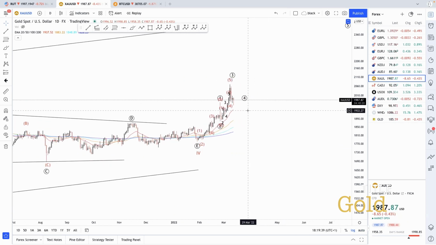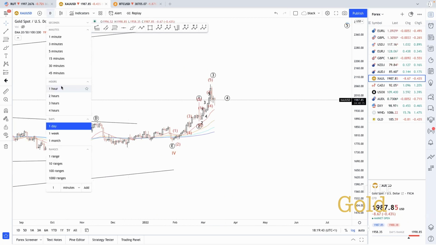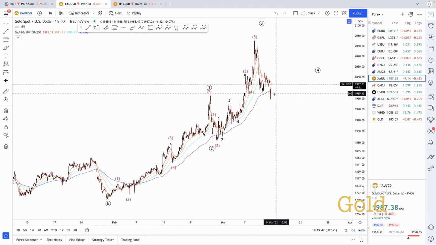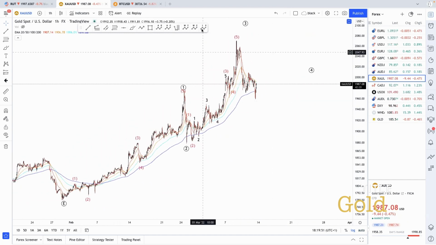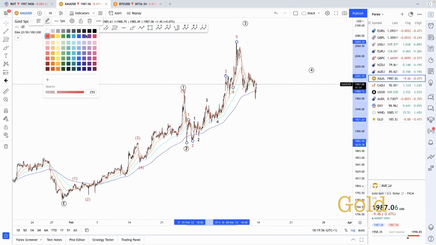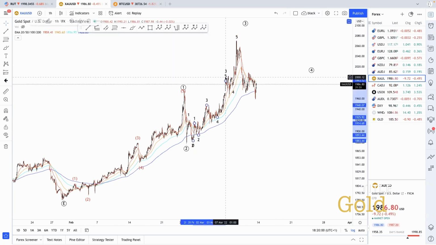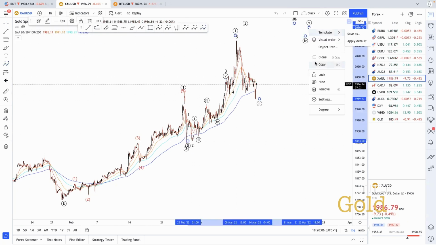At this point we couldn't label it like this because we would have invalidation. So this could be, so everything 1 degree lower, and this would be 1 and 2 of wave 3.